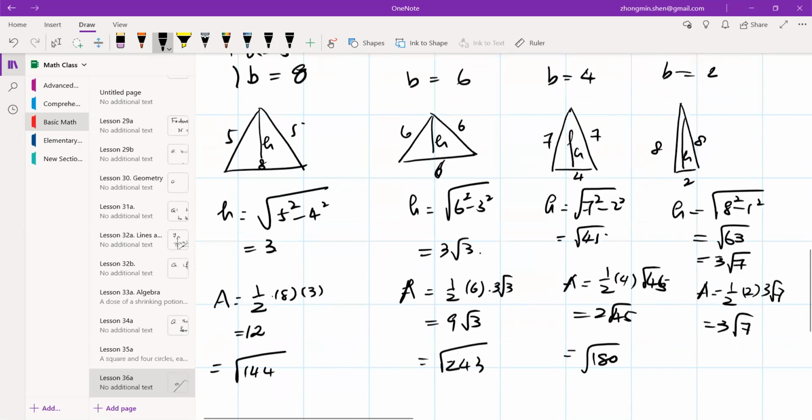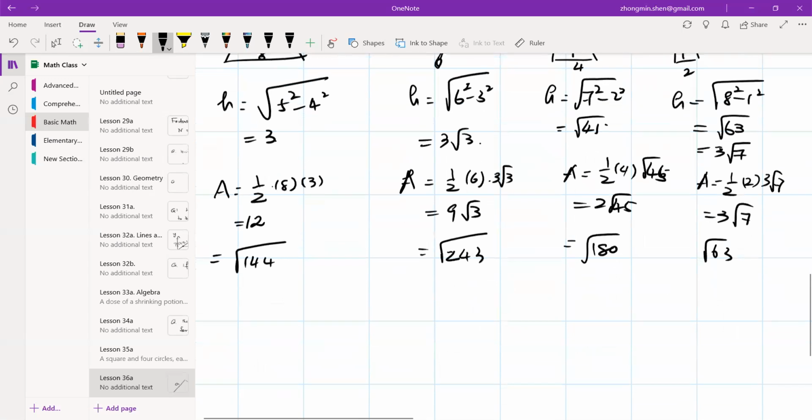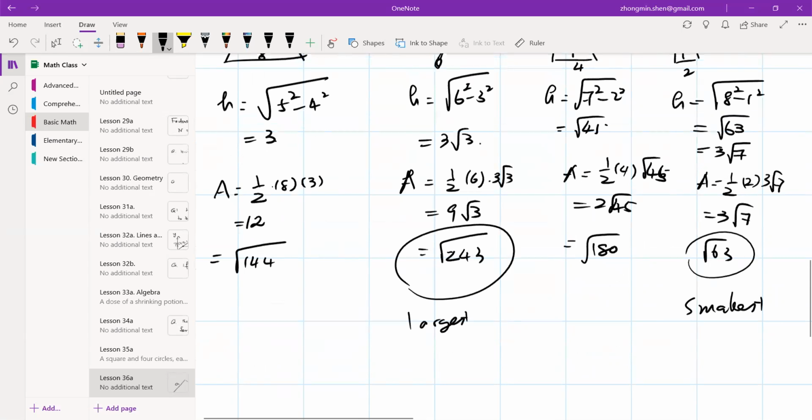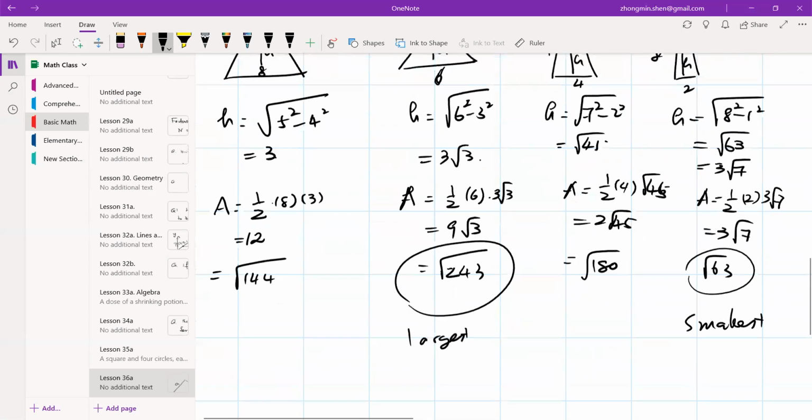And this will be 7 times 9, square root of 63. And clearly, the equilateral triangle gives you the largest possible area, and this will be the smallest possible area. Okay, largest, smallest area. Right?